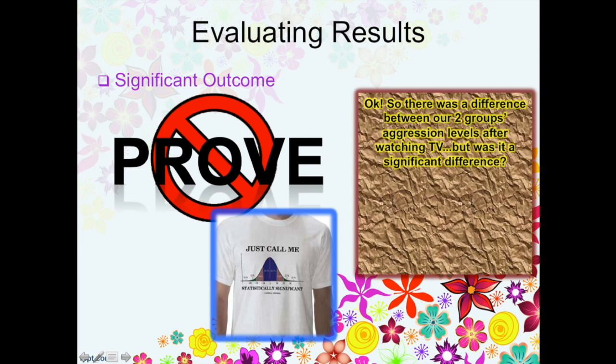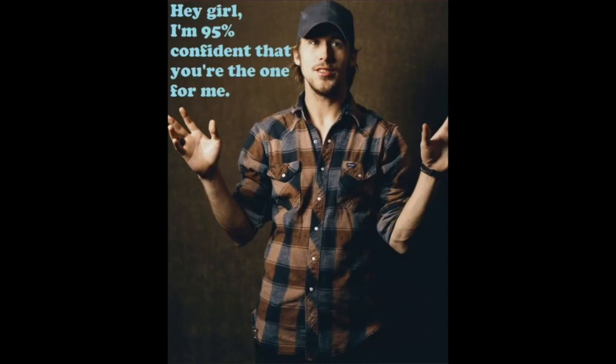But that's why we do statistics to determine what those thresholds are that would allow us to support our hypothesis. And those thresholds are like being 95% confident or being 99% confident. And so the probability that we're wrong in supporting our hypothesis is less than 0.05 or less than 0.01.